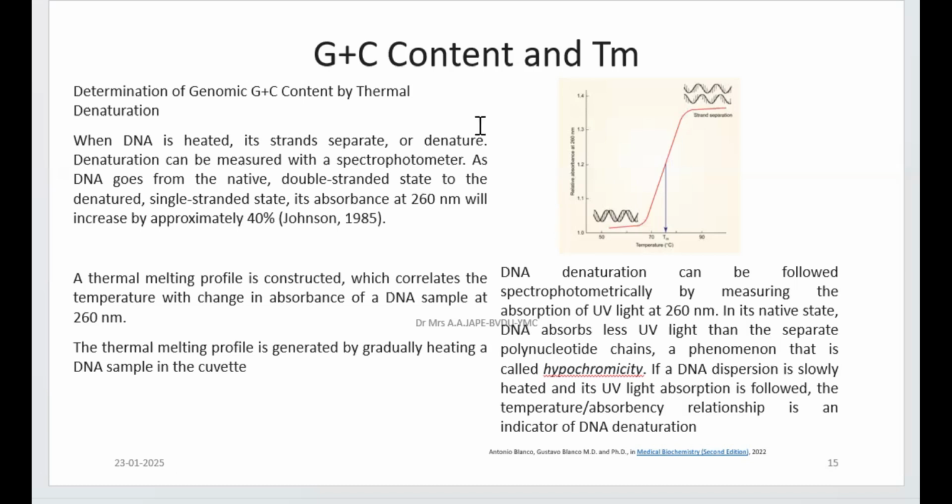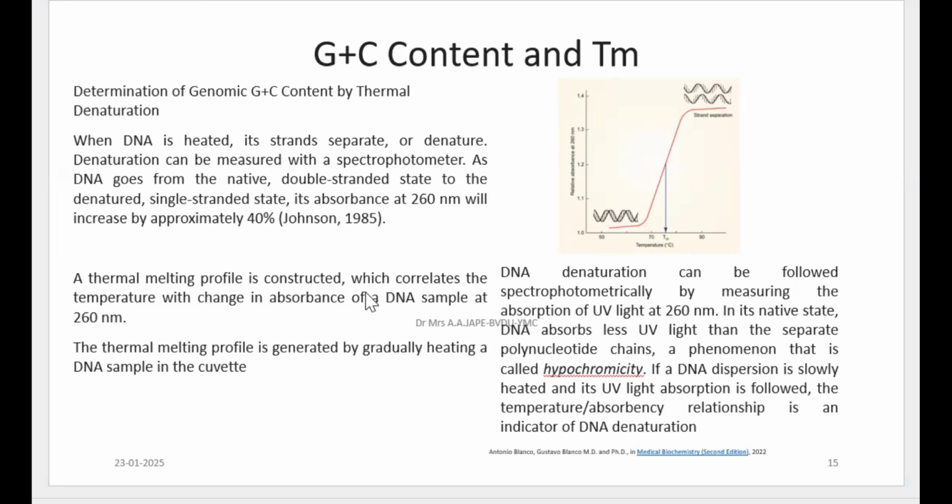So the concern is whether your DNA is melting or it is not melting. So you have to keep taking absorbance under UV light, 260 nanometers. You are exposing that sample, and continuously you are noting down the absorbance.